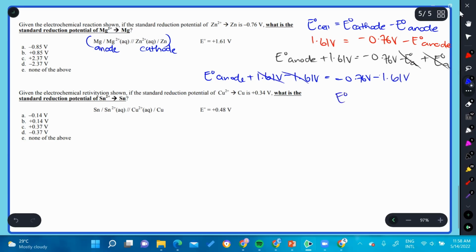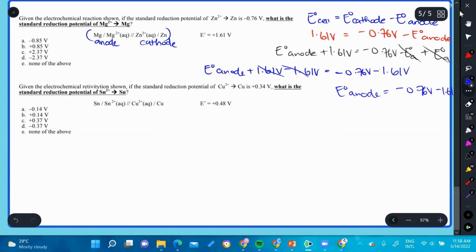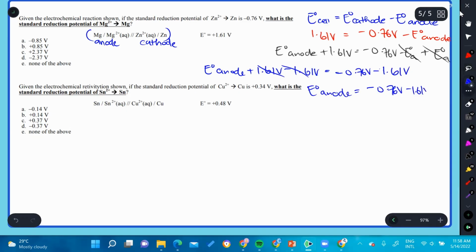So the E naught of the anode is equal to negative 0.76 volts minus 1.61 volts. Exactly what I was trying to avoid, the page jumping to another one. Let me just move this over. All right, 1.61 volts.